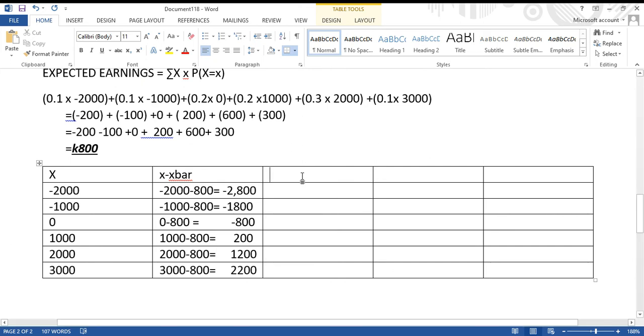All right. So the next column, you're going to square x minus x bar. All of these values here, you square them. As I'm admitting people in, you can start squaring.